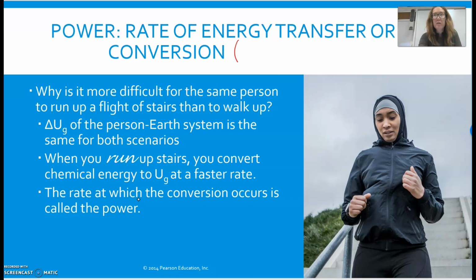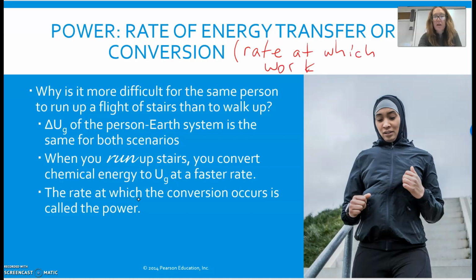Because when we talk about change in energy from one form to another, or from the system to the outside world, or the world to the system, that is work. So another way to define this is the rate at which work is done.